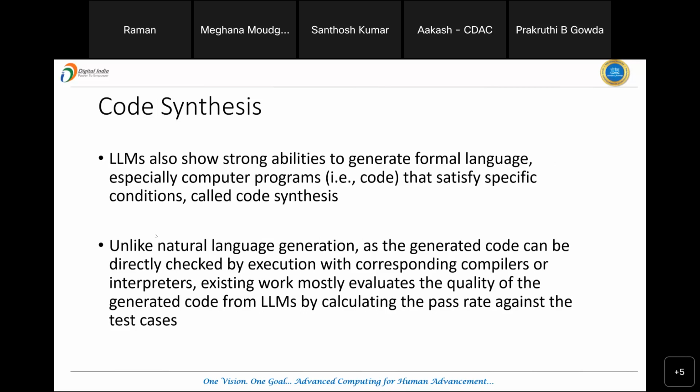And unlike how we were testing language generation or even conditional generation, code can be directly inputted into a code compiler or interpreter and be evaluated directly if the output is correct. We can just use the number of test cases passed to figure out how good it is at code synthesis. So broadly, these are three different tasks within language generation that people test their language models at.